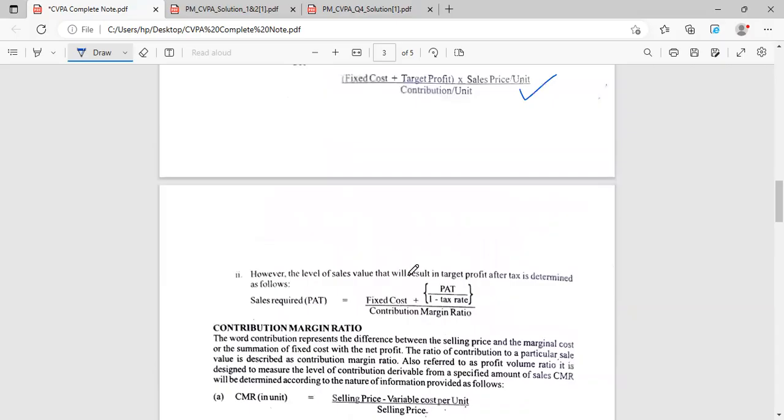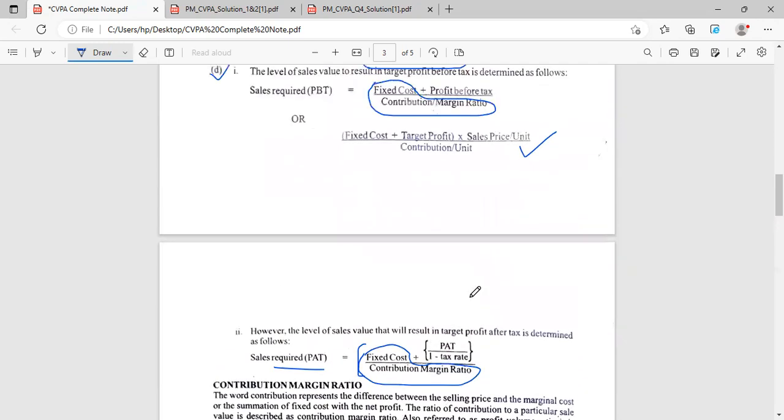Then, if you want to get your sales value, that is how much you will get as revenue to get a profit after tax, this is the formula you are going to use. This one is the same thing: fixed cost over contribution margin ratio. So you just bring in PAT all over 1 minus tax rate. Does that make sense? Yes.